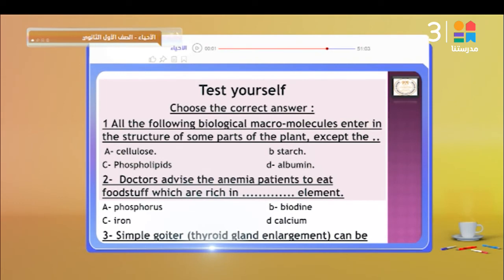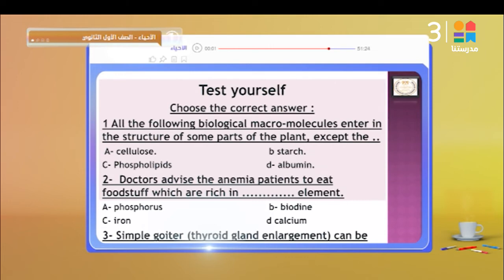All the following biological macromolecules enter the structure of some parts of the plant except: cellulose, phospholipids, starch, albumin. Okay? Take each choice and make a critical thinking. Cellulose enters the structure of the cell wall of the cells.